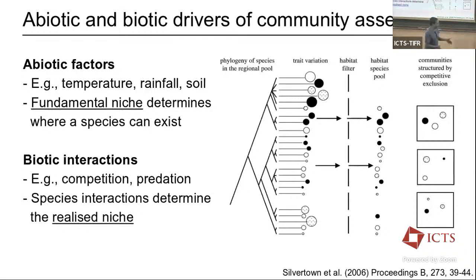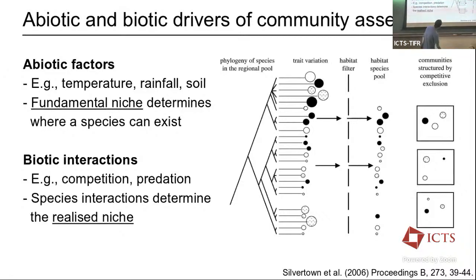Right? So basically what you've got is a large regional species pool, which then gets filtered by a habitat to form a habitat species pool. So the habitat species pool is all potential species that can actually live there based on the fundamental niche. But whether they actually live with each other or not depends on species interactions, biotic interactions.